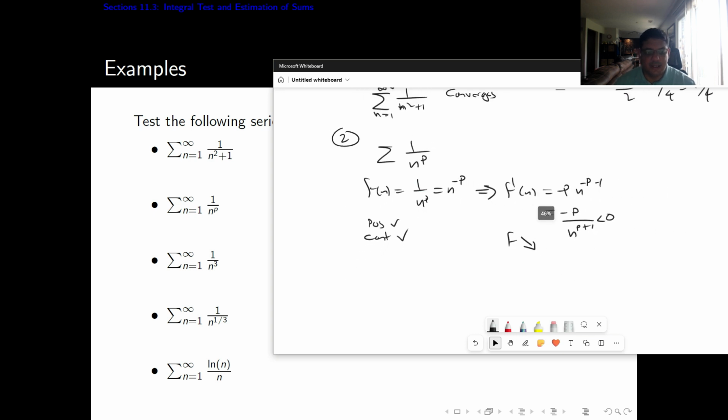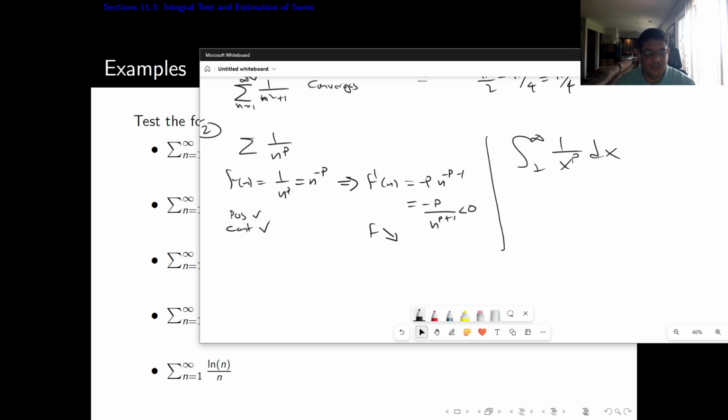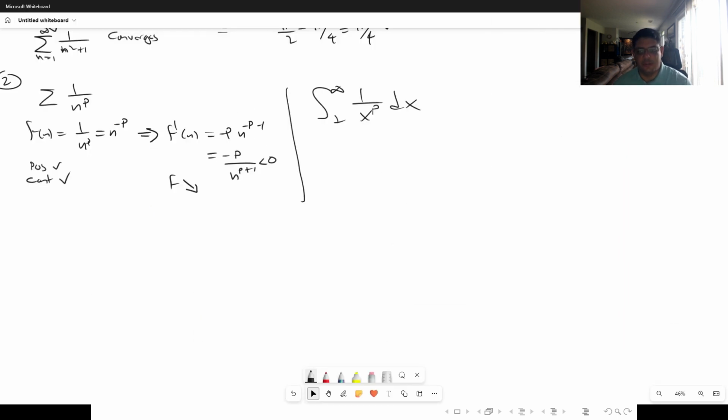And so now the integral test is telling me, well, I'm going to take the integral from 1 to infinity of 1 over x to the p. And let's go a little bit into detail.